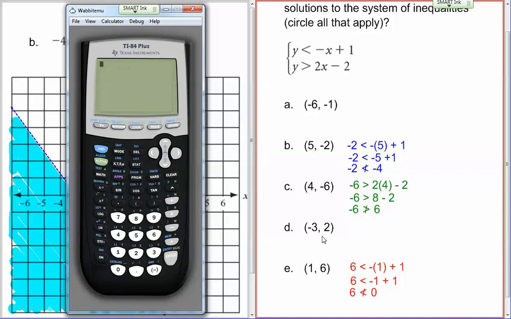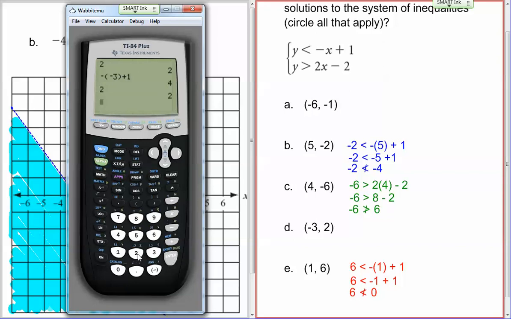Let's start over and look at the second one, or point D here. y is 2. Okay, we want that to be less than the right side, which is -x, -3, plus 1. That gives me 4. Okay, 2 is less than 4, and I want it to be less than 4. So it works in that one. We'll check the other one. Again, 2 for y.